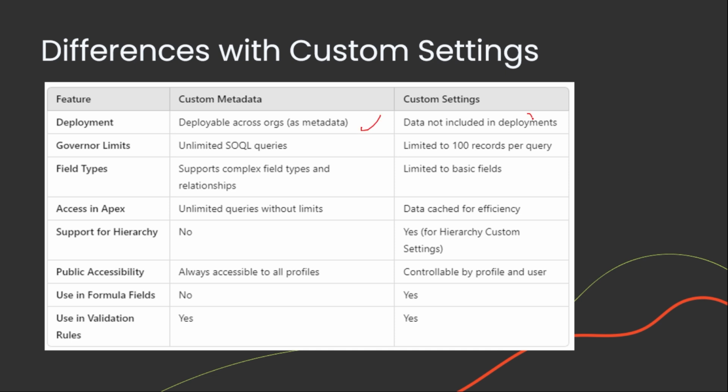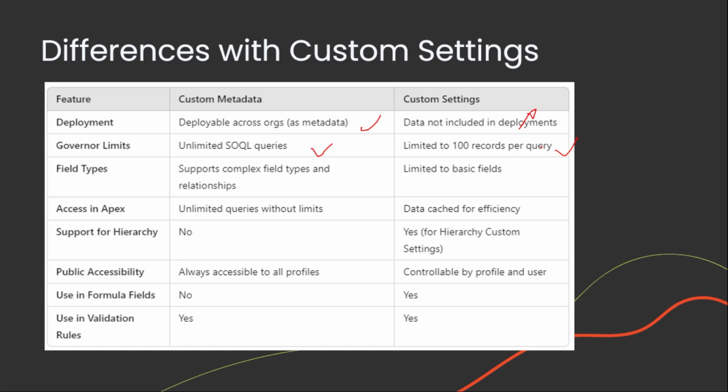Deployable: custom metadata yes, custom settings not deployable. Governor limits: custom metadata has unlimited SOQL queries because it does not count against the governor limits, while custom settings are limited to 100 records per query.